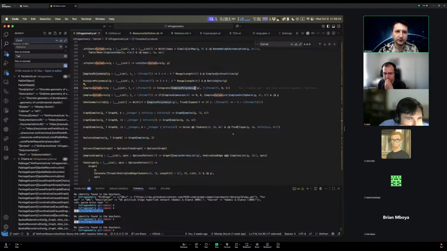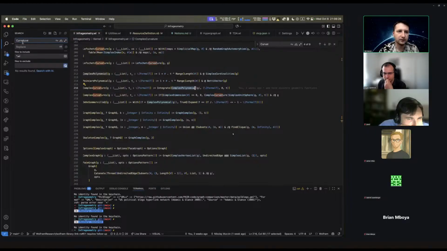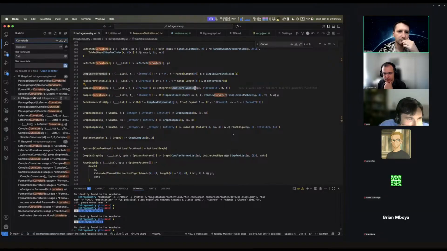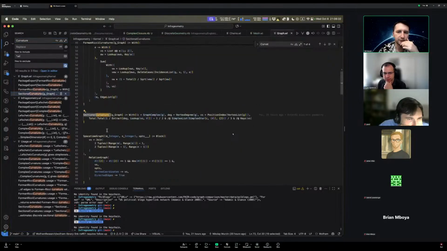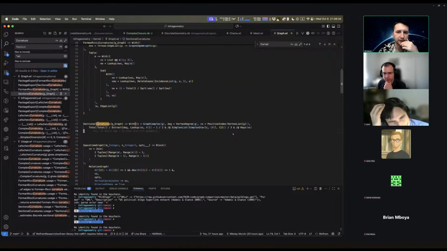There's another one, of a sectional curvature also on graphs. Yeah, but does that depend on the embedding, a spatial embedding? No, it's kind of weird.